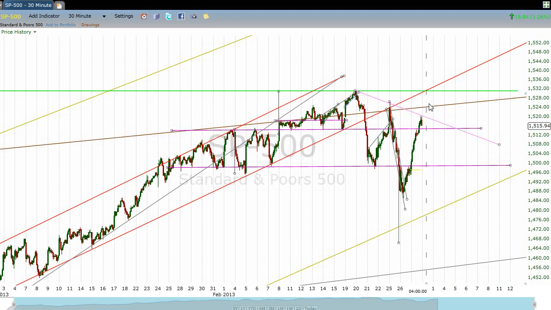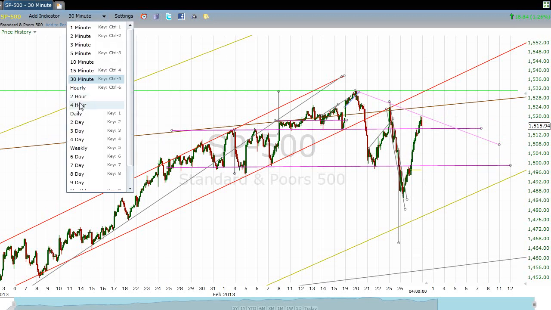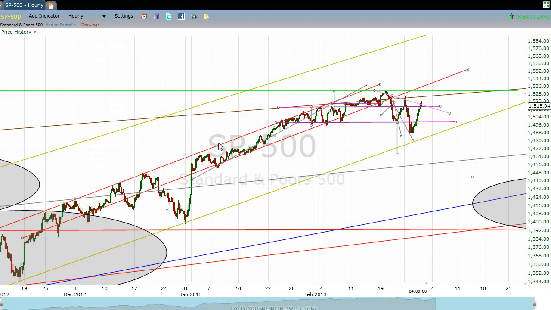But just to give you an idea, it is possible that we are working ourselves to the right of this pattern, and if we back off to an hour-long chart, you can see that each time we've gotten down to this yellow line, the market has reversed. So was this close enough for us to see a reversal at this point? It may be.